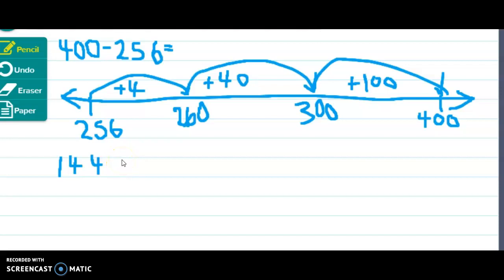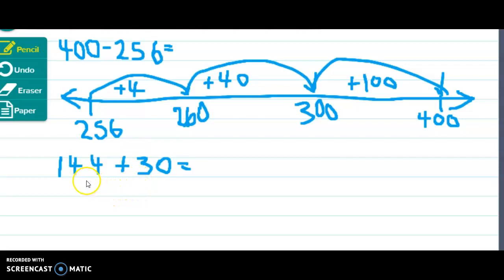Now we know that he earned $30. So 144 plus 30. To solve this problem, I'm going to use decomposing. First, I'm going to add my 10s since I have hundreds here, but I don't have any hundreds right here.